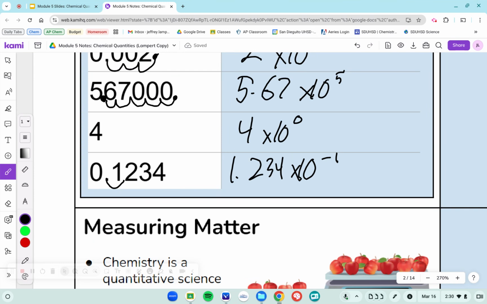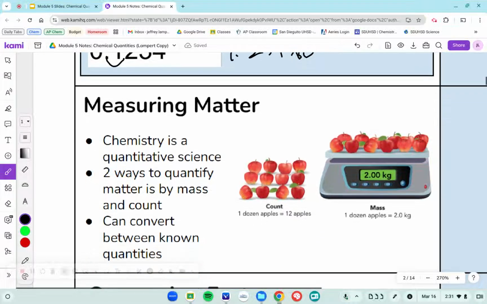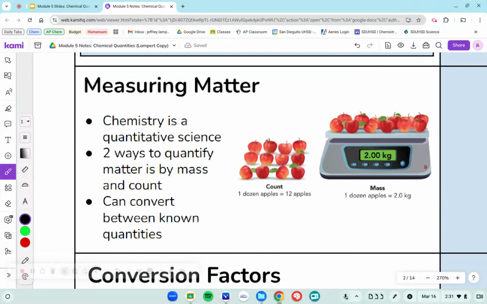All right. So next thing that we're going to be discussing is how we take measurements in chemistry and how we can convert from one measurement to another measurement. Okay? Now, the math that we're going to be discussing is not new math. I would argue that a lot of you can actually already do this math in your head without trying.